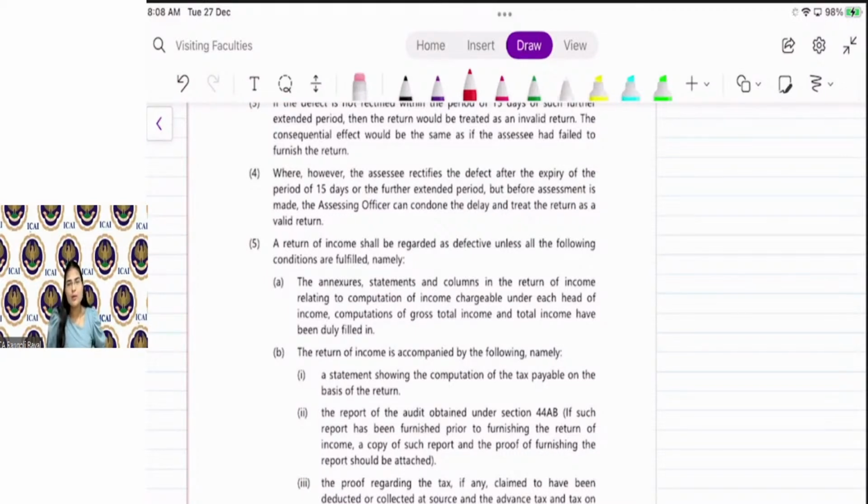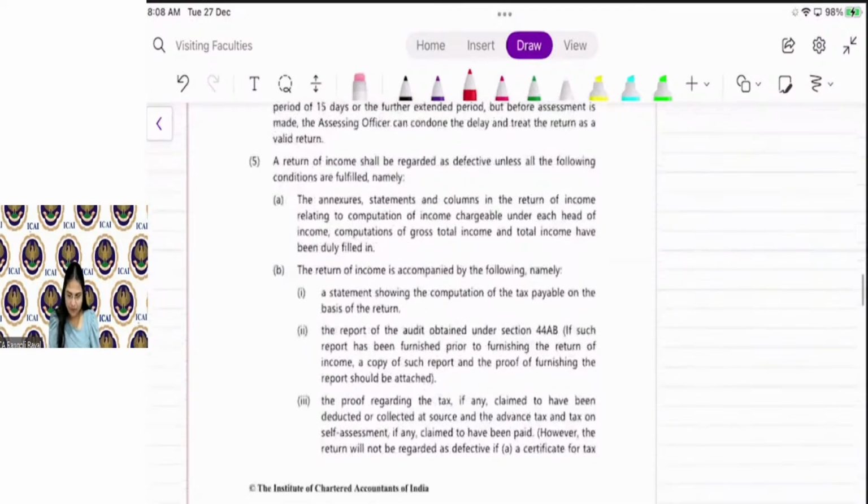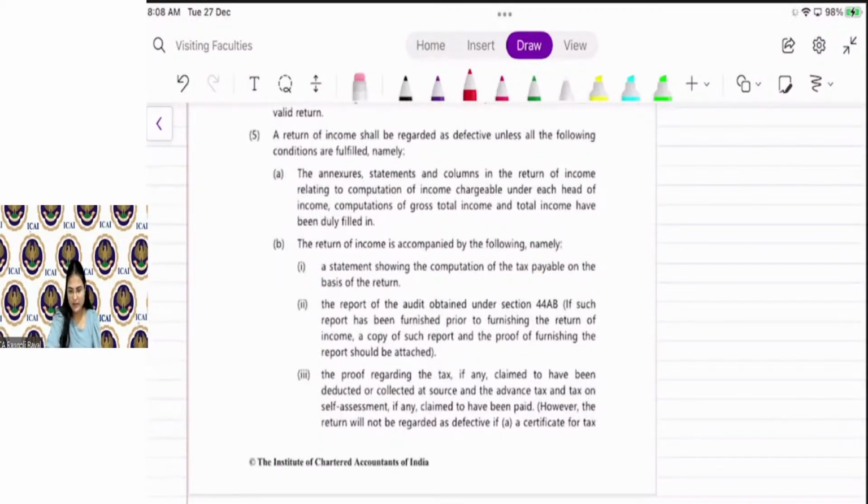A return of income shall be regarded as defective unless all the following conditions are fulfilled. If you have provided all the annexures, filled all the columns and all the data required in the return, and computed the proper tax liability, then your return is not treated as defective. But if you forgot to provide anything, there are no condonation charges on it.